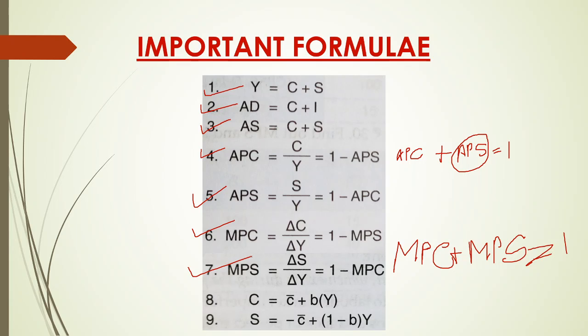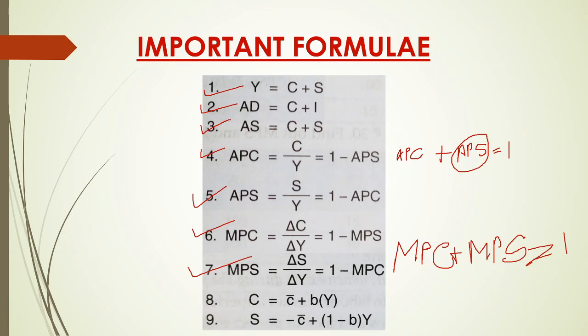So the consumption function has two parts. One part is the autonomous consumption which is there even at zero level of income, so it is not dependent upon income, and the other part is dependent on income. With the increase in income, this part also increases.